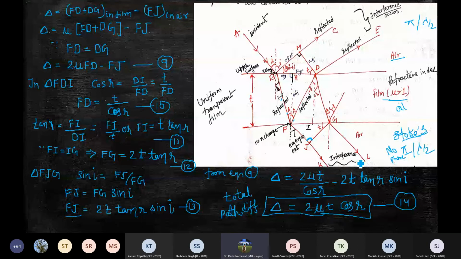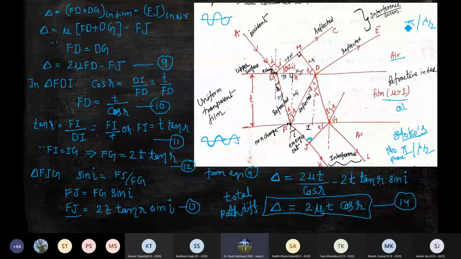So if we are getting a pattern like this, the next ray will have the same pattern. There will be no change in the phase difference, right? But in the other case there is a change of lambda by 2, or pi.